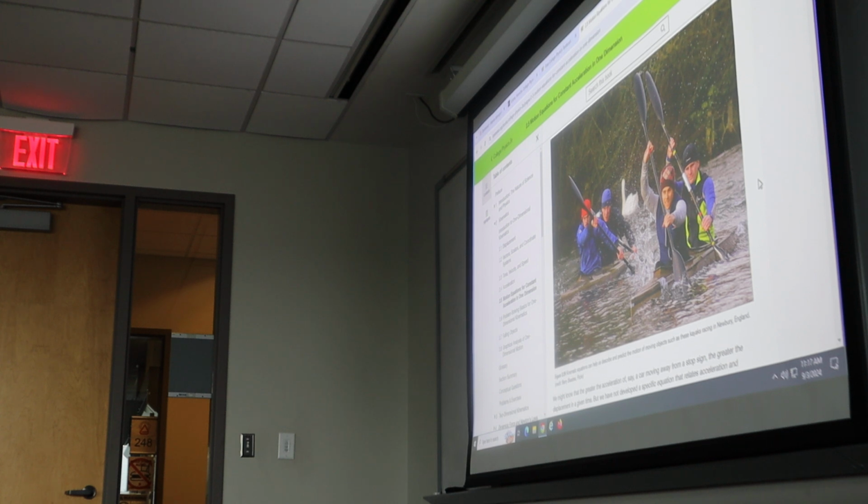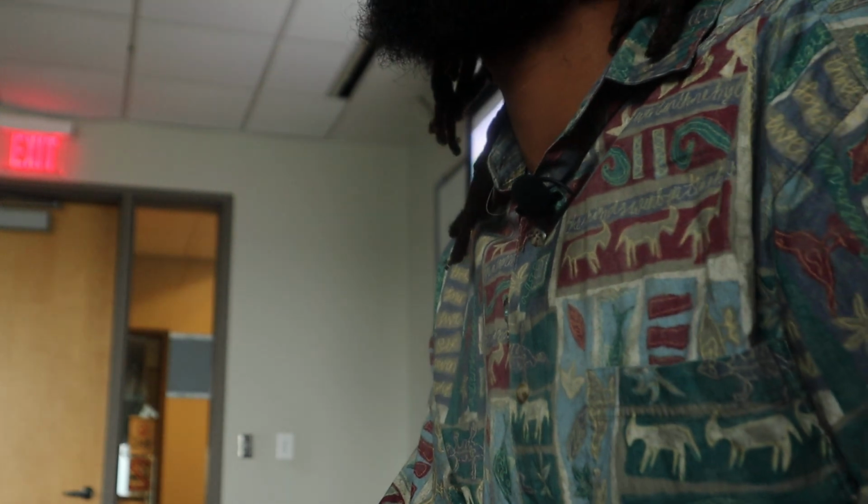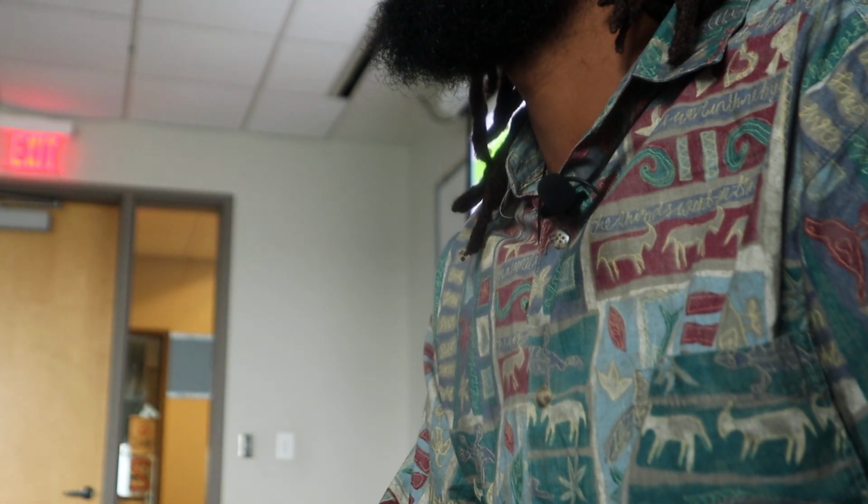So we did a walking experiment to see how our regular walking speed is, our regular walking velocities, and talked a little bit about acceleration. So that was real cool. So that was a great way to get closer to chapter 3.